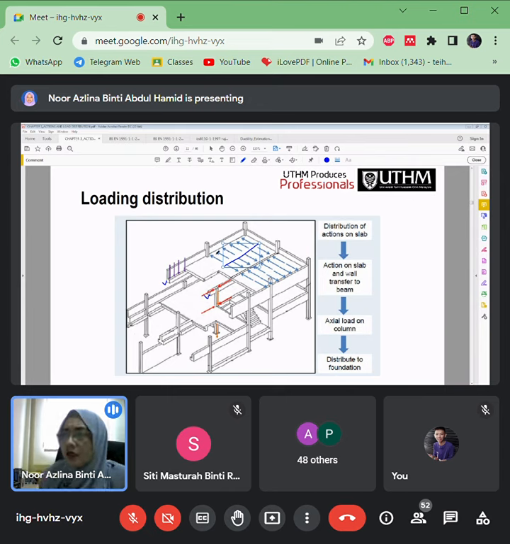So the load is transferred per area for the slab here, and then this is the brick wall here. All of this brick wall is a uniform load along this beam here. The beam also has its own self weight. Same goes for the slabs and columns here. We transfer the load to the columns, and then the columns transfer the load to the foundations.